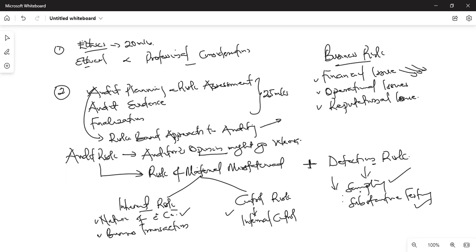That is what we did. Now, today, my major focus is to help you deal with examination questions that embody audit planning and risk assessment. That is my main focus.